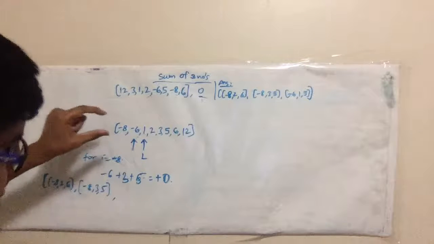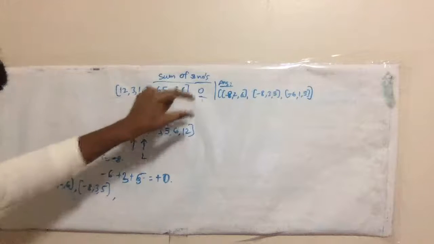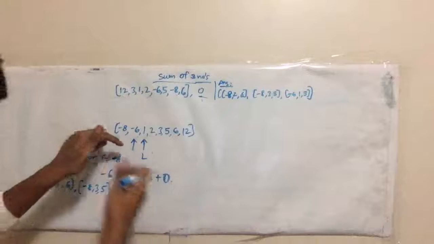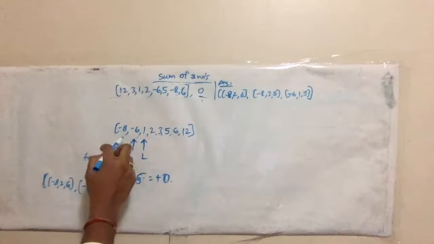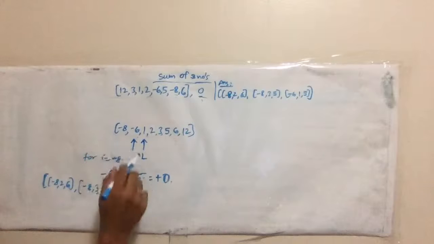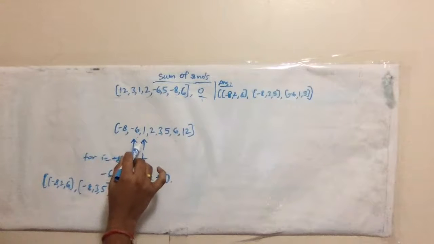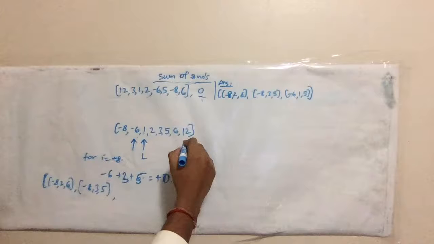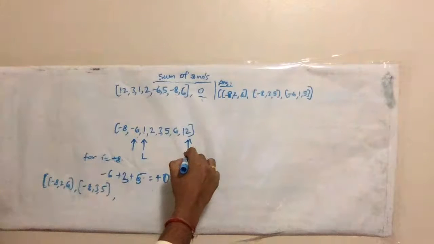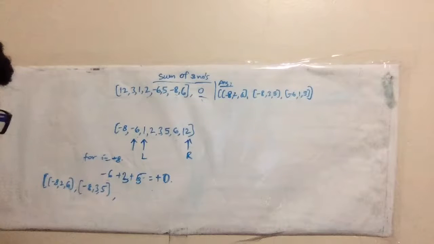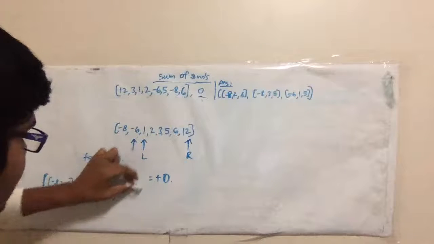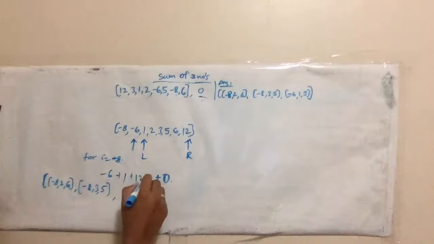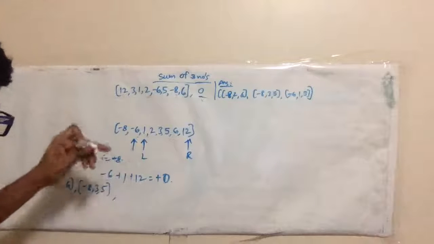Because using this minus 8, we have already seen all the possibilities. We will now iterate just through these left and right pointers. So we need not consider again from here. Just take the numbers from here, the left and right pointers. Okay, so we have taken minus 6, 1, and 12. What's the sum that it can make?